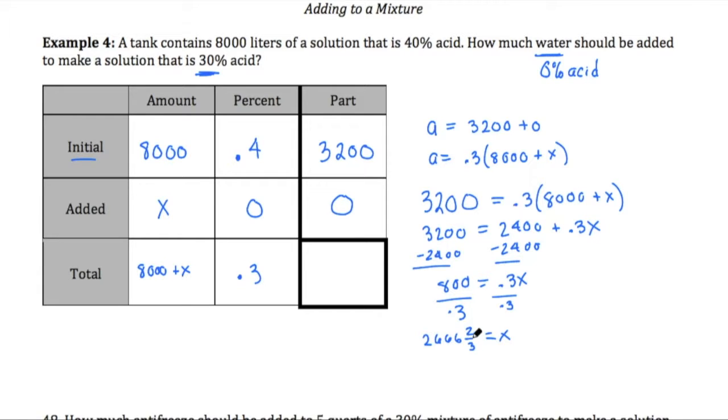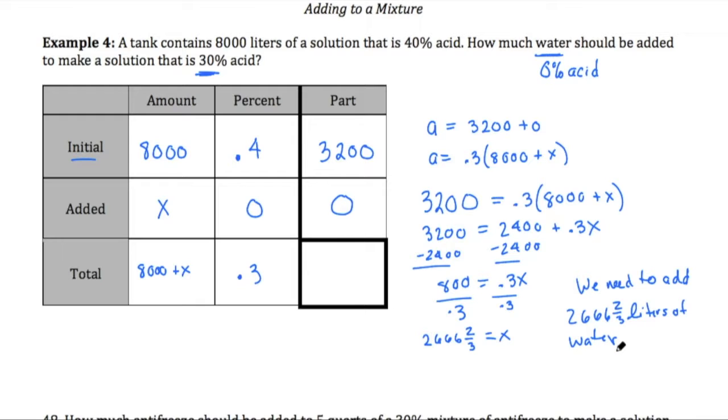So that is the number of liters of water that we need to add, and that is what we were looking for in this problem. So x here is the liters of water we need to add. So we need to add 2,666 and 2/3 liters of water.